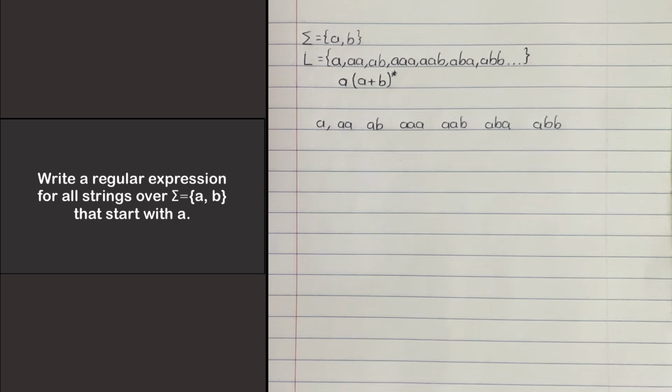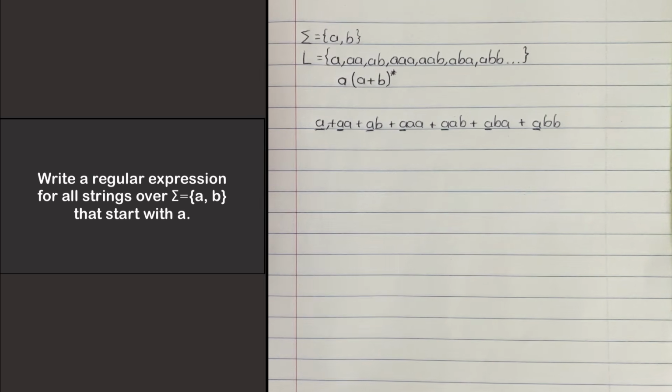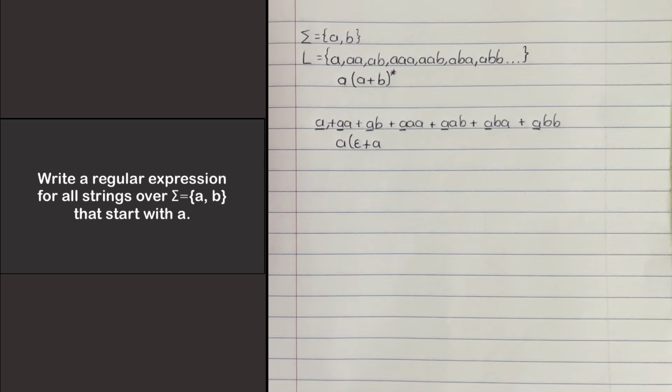In trying to determine the regular expression, we can write down our language and connect the strings using the union operator. We can clearly see that each string starts with an a, so we can factorize the a out. What's left is an epsilon, the empty string attached to the first character a, although it wasn't directly written, or we have an a attached to the second string, or aa, or ab, or ba, or bb, and this can go on forever.